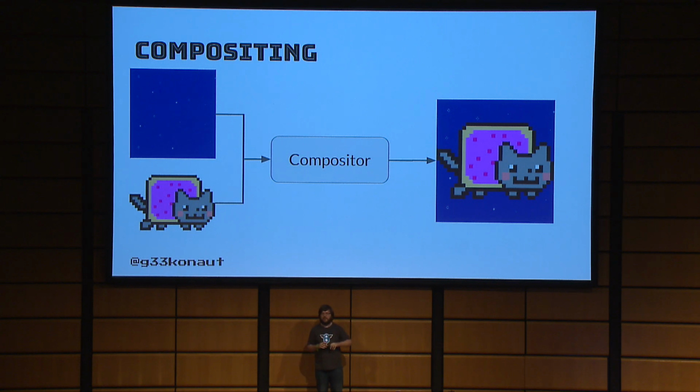So now we have to actually throw floppy disks at the user for 6.2 megabytes. And then we override only where the nyan cat goes. For the next frame where the nyan cat moves a little bit, we only rewrite the bit where the nyan cat was before, and then put the nyan cat at a new position. So we're only rewriting a small portion of that.